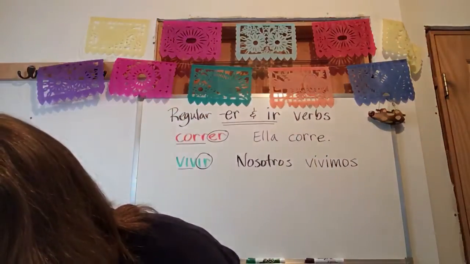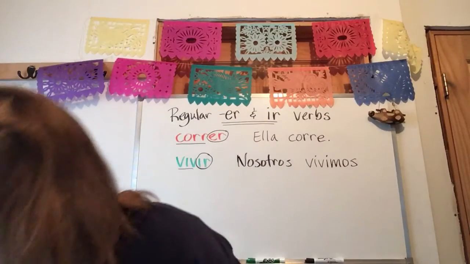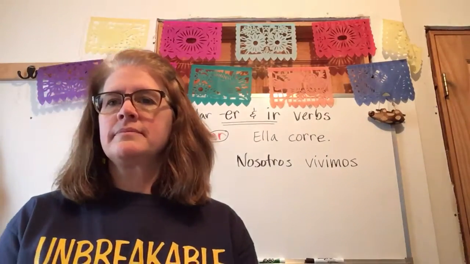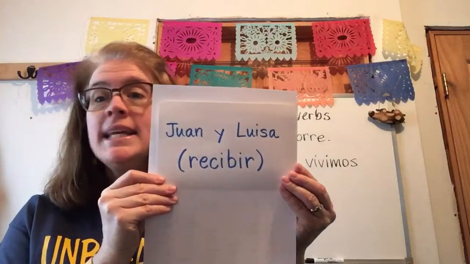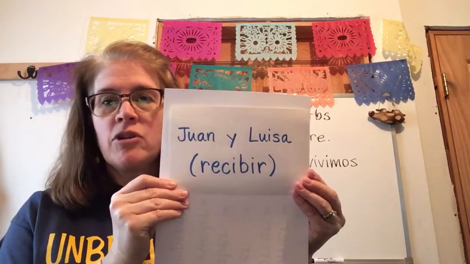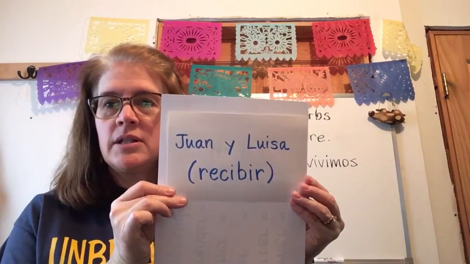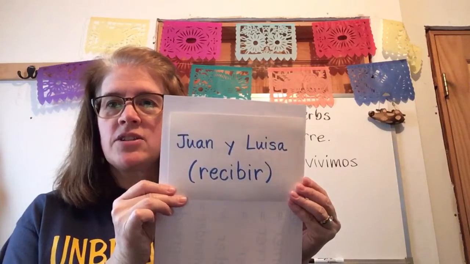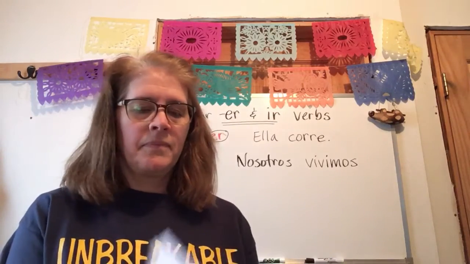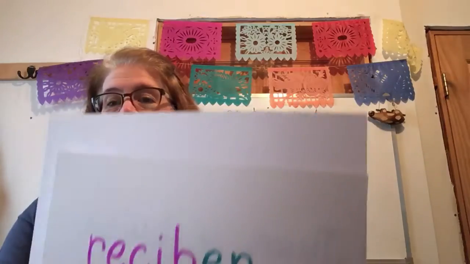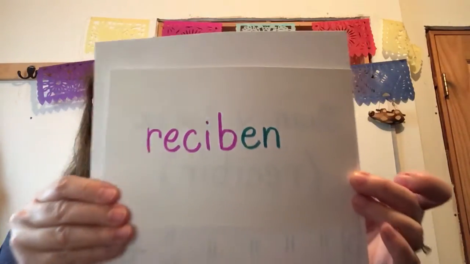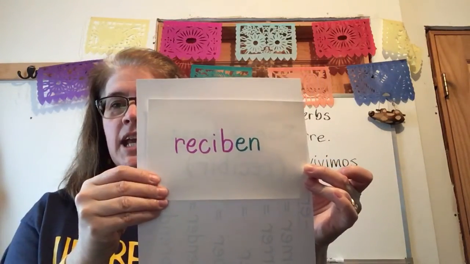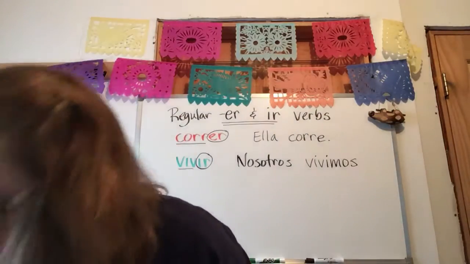All right, here we go. Next one, we got Juan y Luisa. The verb is recibir. Pause, write your answer. Correct answer is reciben. Stem and ending. Okay, last one.